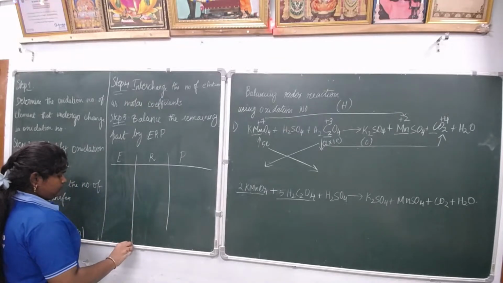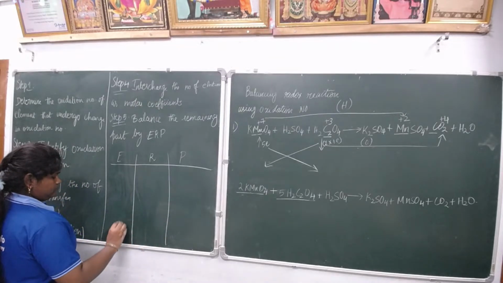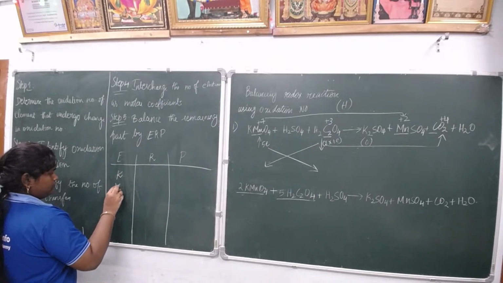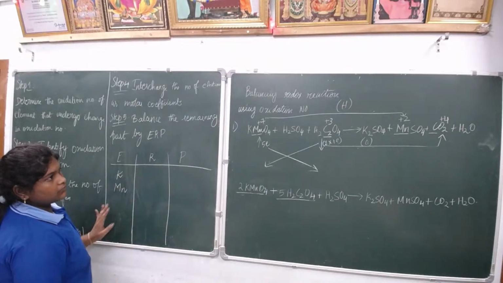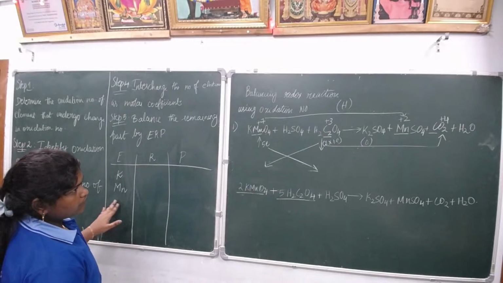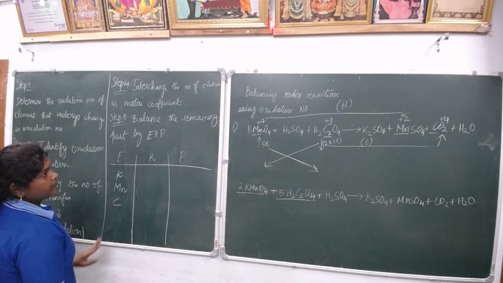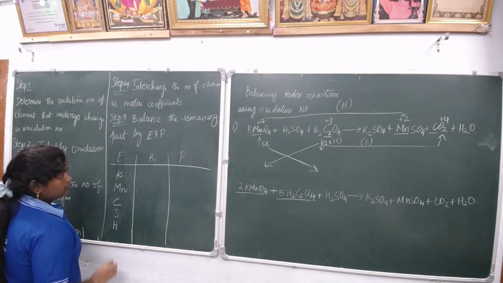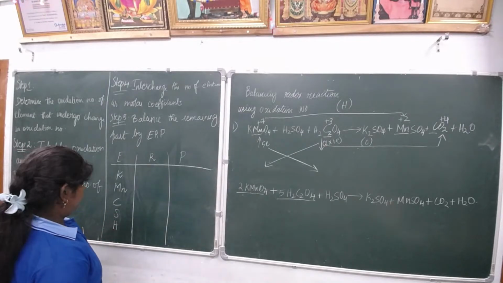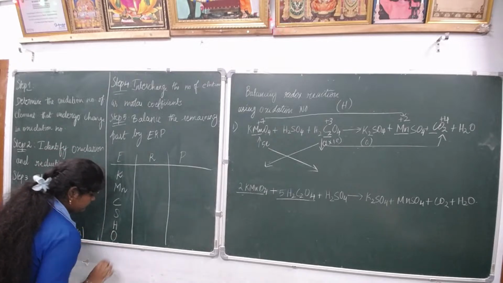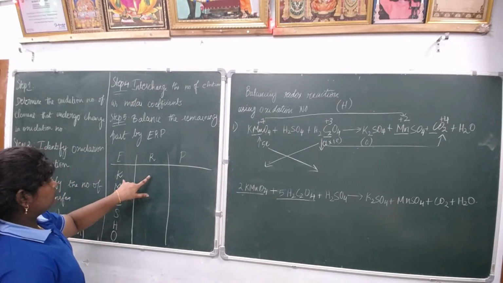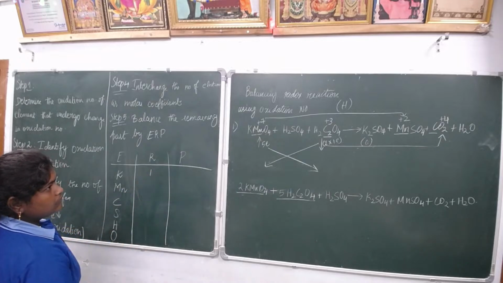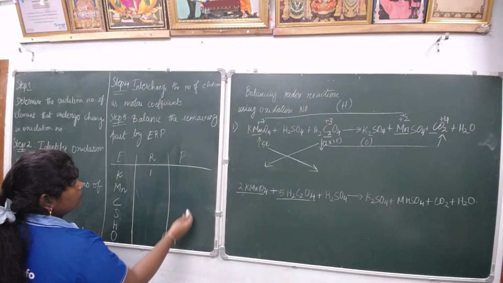So other cation, for example, let me consider potassium, then manganese, and then which is least distributed here? Carbon, and then sulfur, and then hydrogen. Sulfur, hydrogen, then finally oxygen. Got this point? Okay. So you have to put like this. Put comfortably horizontal lines also.